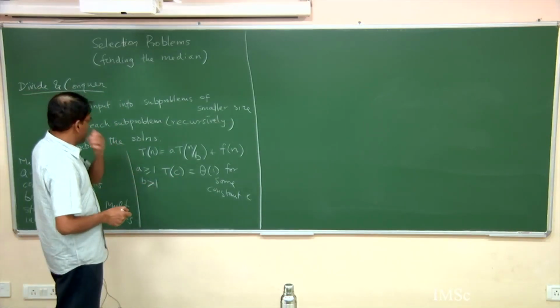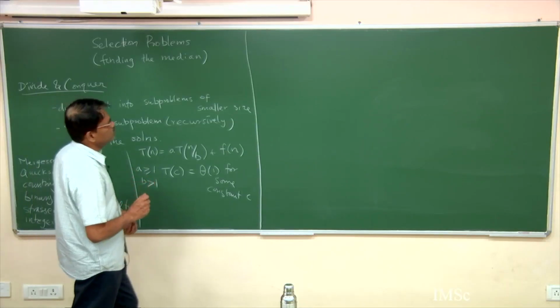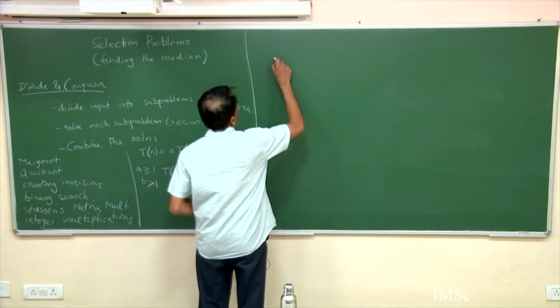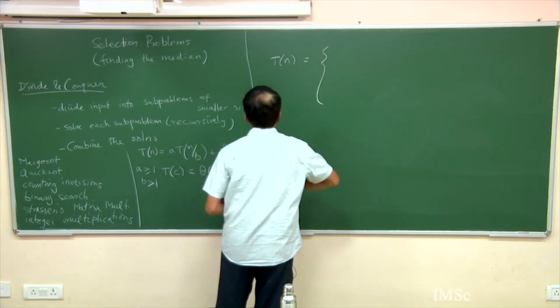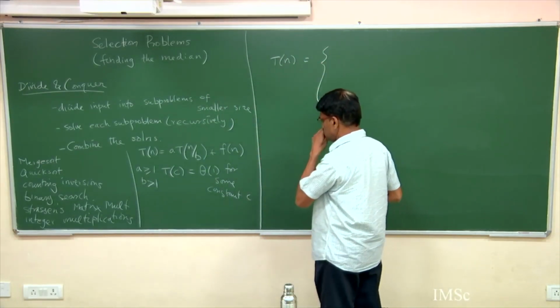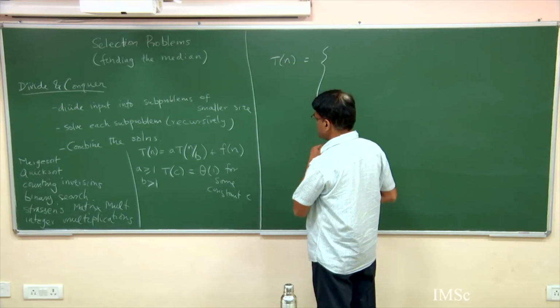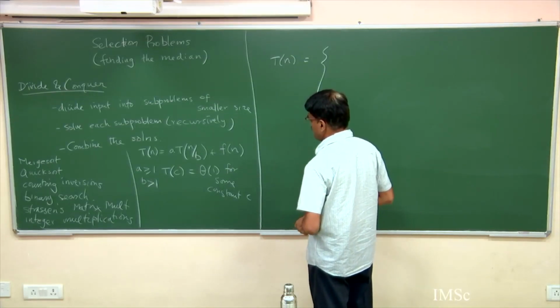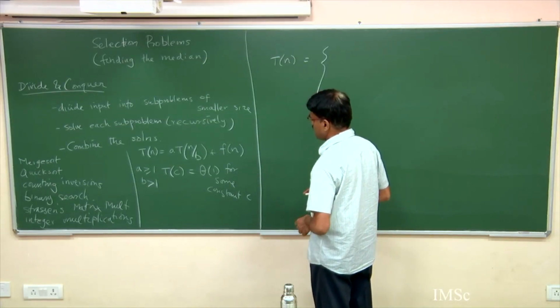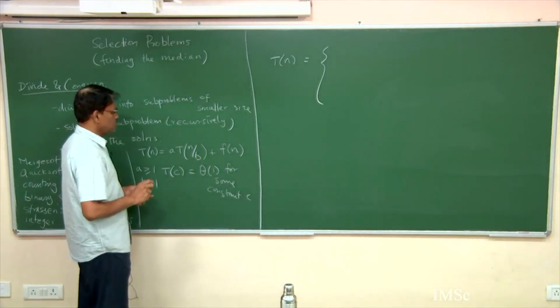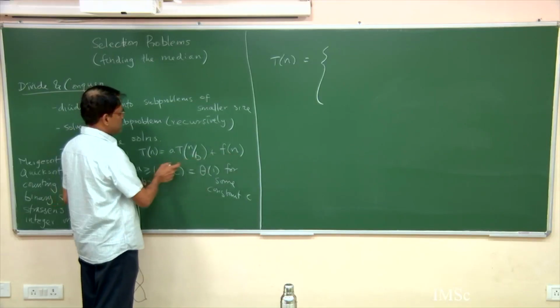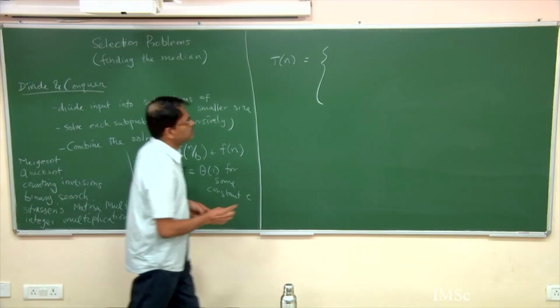So if you do all that, there is a master theorem which tells you that the asymptotic running time depends on how f of n compares with n power log a to the base b.